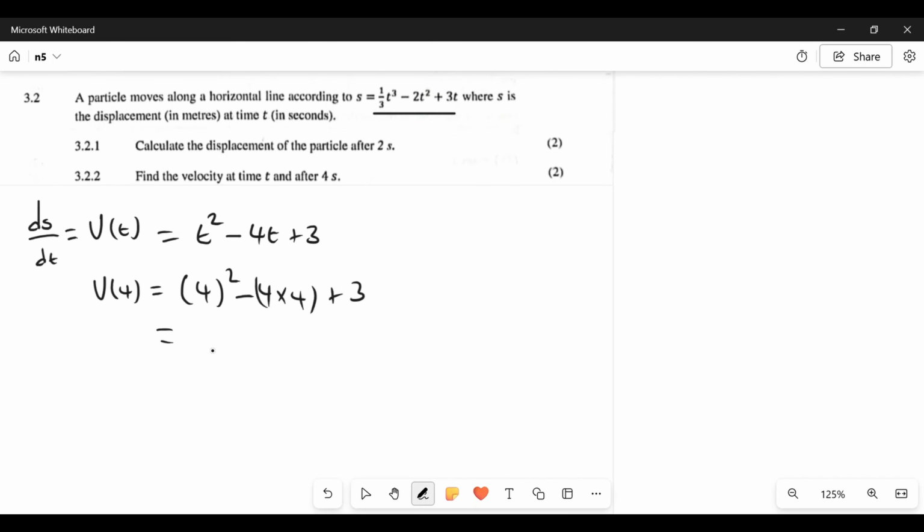If you put this on your calculator, your velocity is going to be 3 meters per second. Do not forget, guys, velocity is always in meters per second. Remember, when you calculate the velocity of this particle, you need to derive the displacement formula so that it becomes the velocity formula. This is basically how you calculate the velocity.